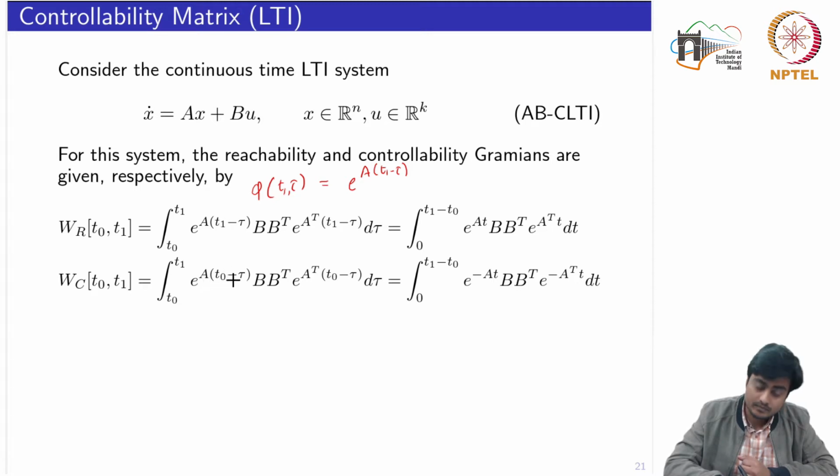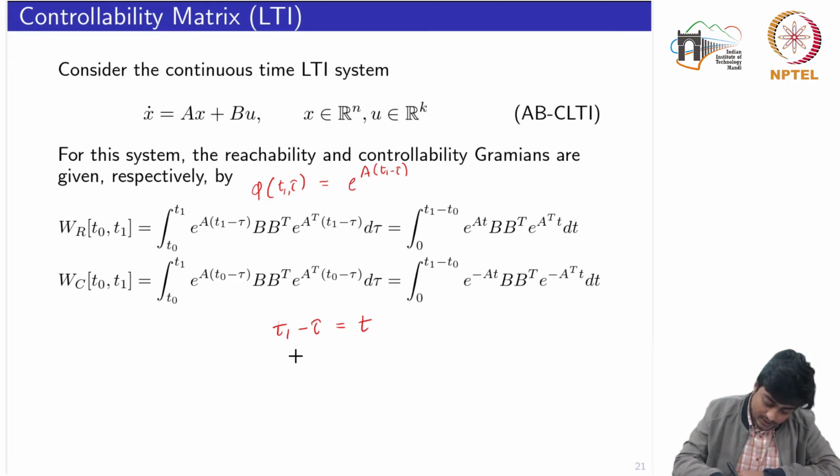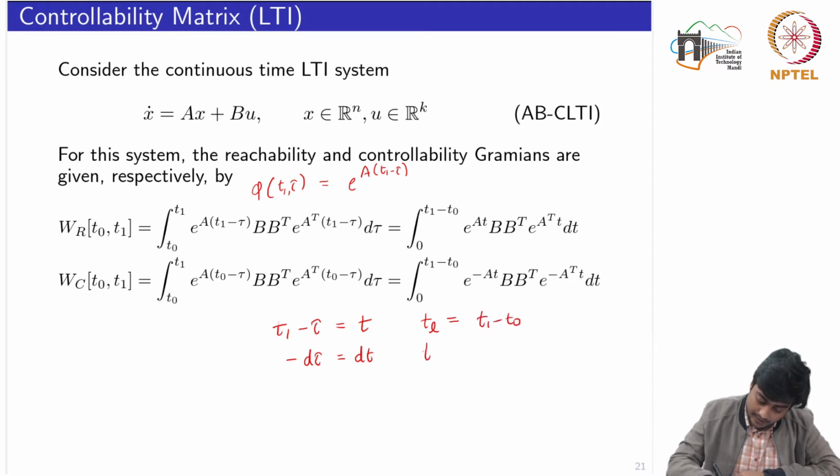Now see here, let's say we replace t1 minus tau by another variable t. So changing this, d tau would yield minus d tau equals dt. Now computing the lower and the upper limit of this new integral, the lower limit, putting tau equal to t0, would become t1 minus t0, and the upper limit would become t1 minus t1 equals 0.